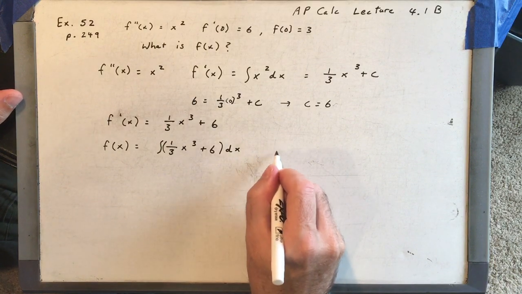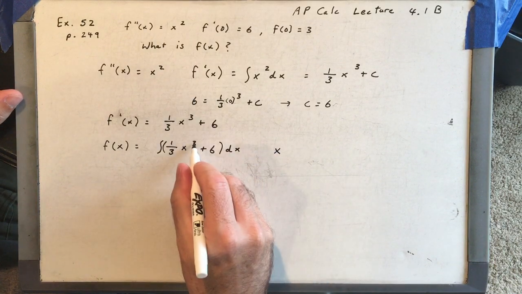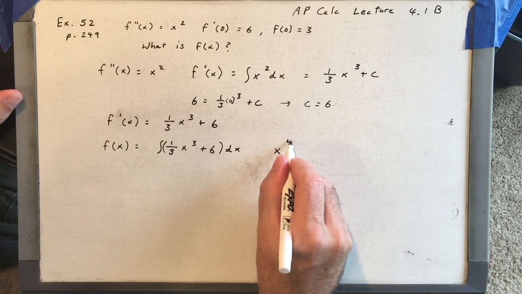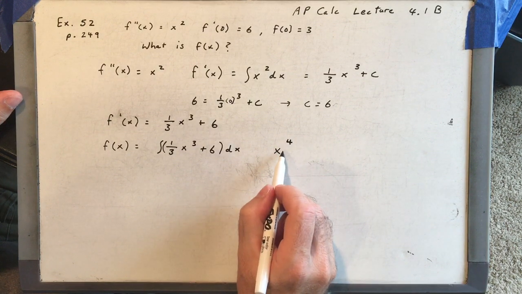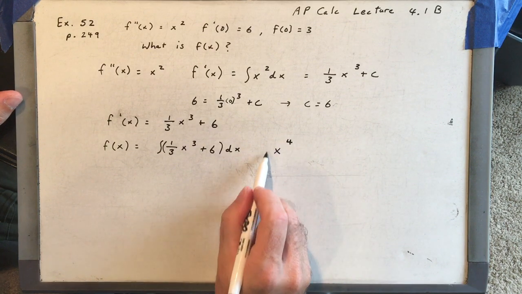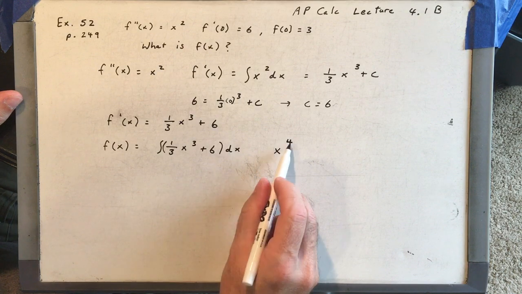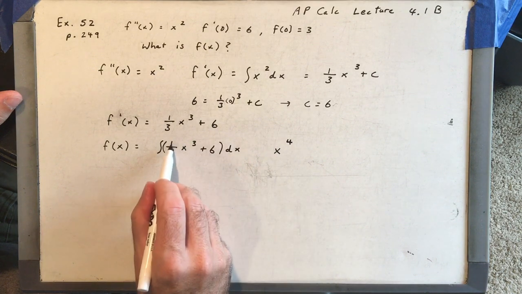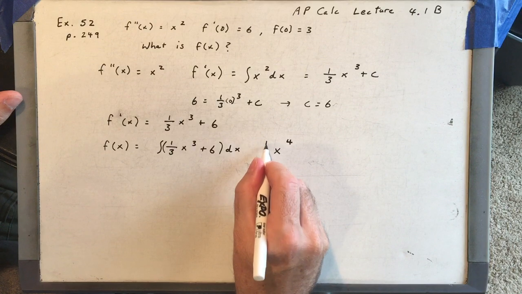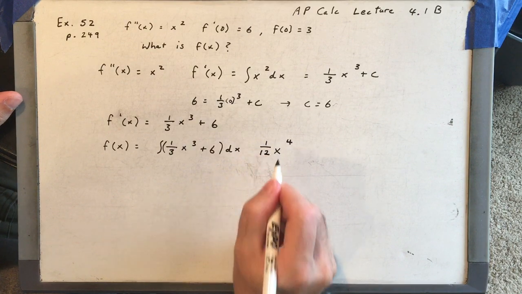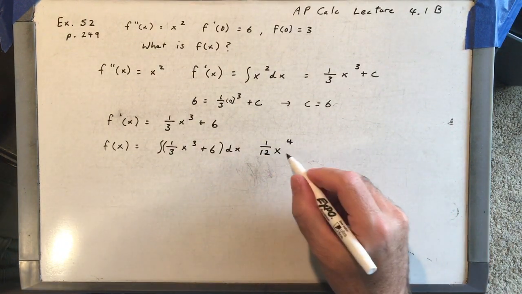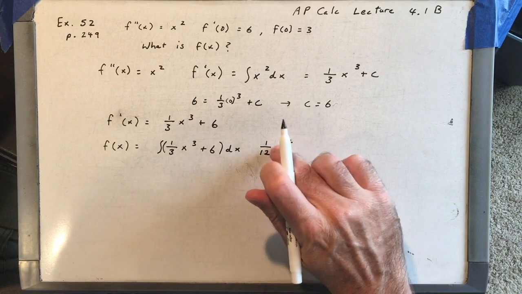I always do it by adding to the exponent. So we know it's going to be x to the fourth. What fraction do I need out front that when I bring the 4 down and multiply, I get 1/3? It'll be 1/12. You'll get better with your fractions for this. Now, the x is not on the bottom there.